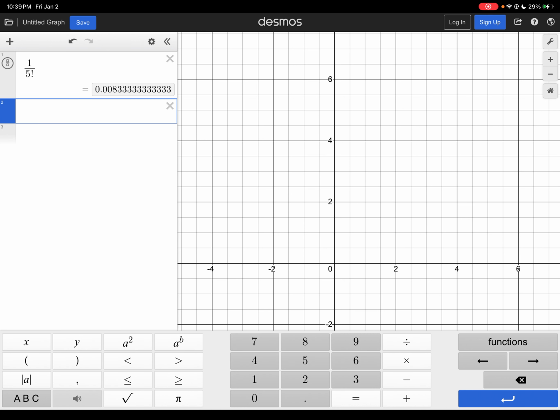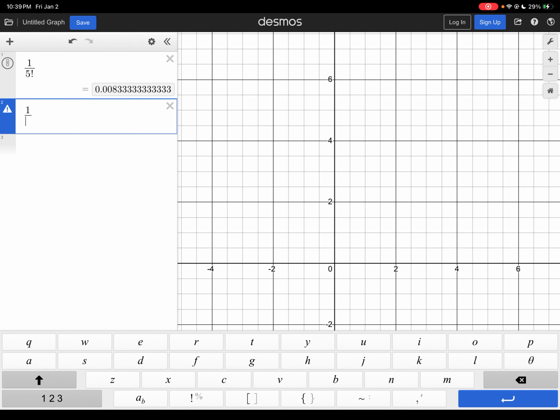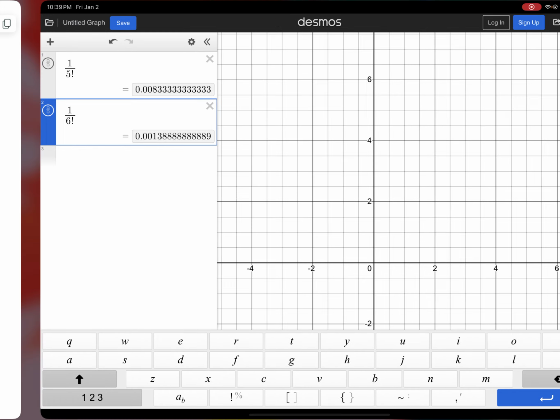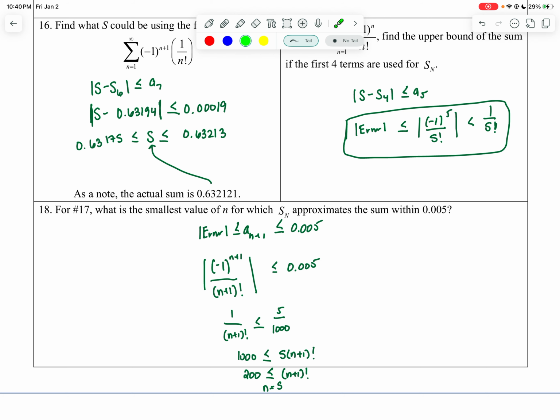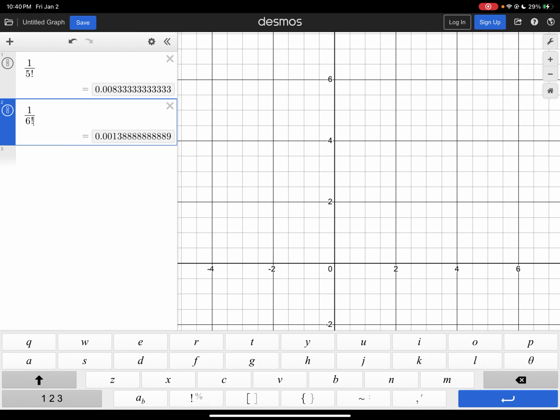Whereas if I do 1 over 6 factorial, my error is within 0.005, or more precisely, it is within 0.001, which is what we want. Which means in order to get to 1 over 6 factorial, we need the first 5 terms to approximate the sum within 0.005, or more precisely 0.001.